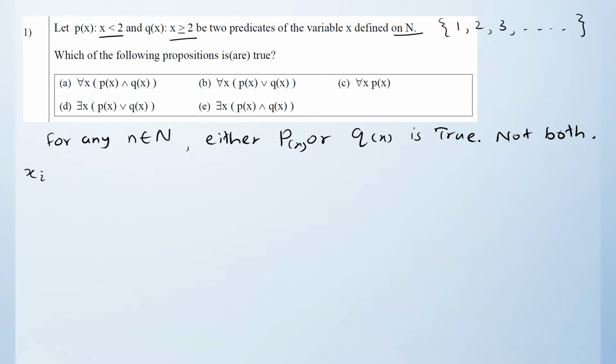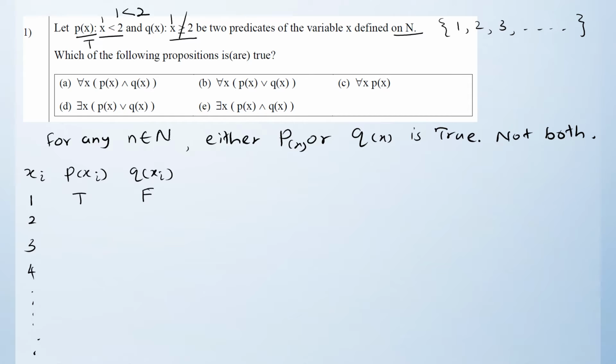For the xi values, we can find the truth value for P(xi) and Q(xi). The xi values are 1, 2, 3, 4 up to infinity. When x equals 1, we know that 1 is less than 2, so P(x) will be true. 1 is not greater than or equal to 2, so Q(x) will be false.